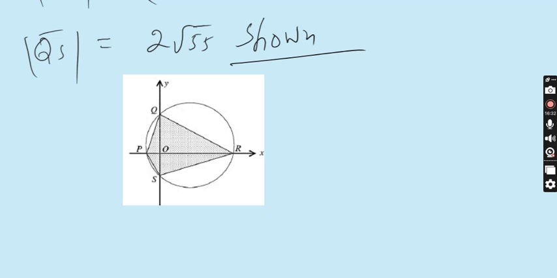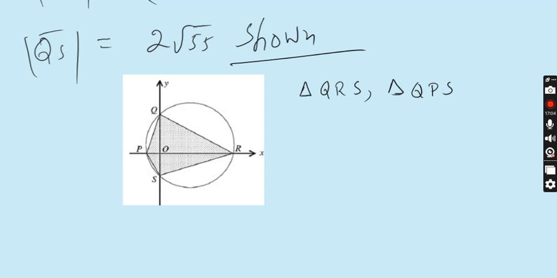If we see carefully, this quadrilateral can be split into two triangles. One is triangle QRS and the other is triangle QPS, or you can say PQS, and both the triangles are right angle triangles.